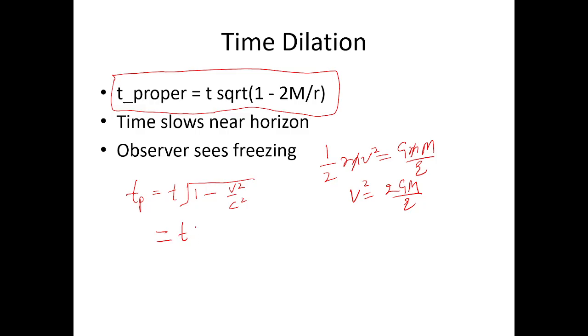T proper is T under root 1 minus 2 G M over c squared R. So that is the formula.